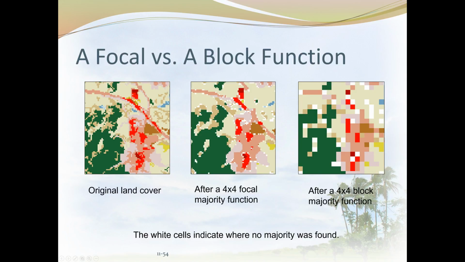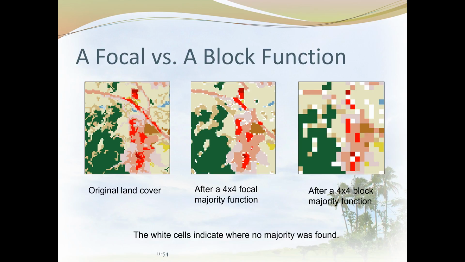Here it shows the difference in output between a block and a focal majority function applied to a land cover raster. In both cases a 4 cell by 4 cell neighborhood containing 16 cells was used, and the statistic is the most frequent land use value found in the neighborhood. The white output cells occur where no majority was found.